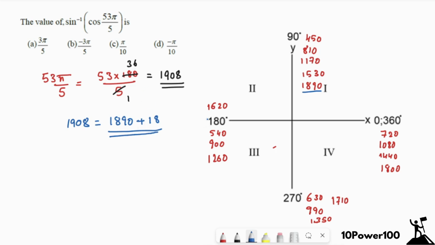Now we are writing this in the form of an allied angle.